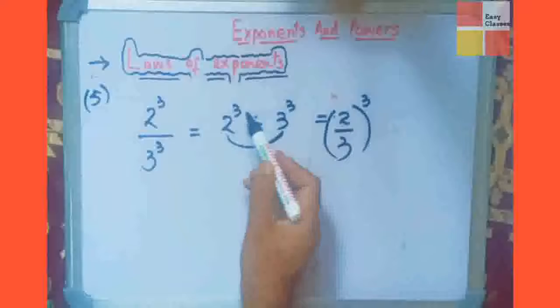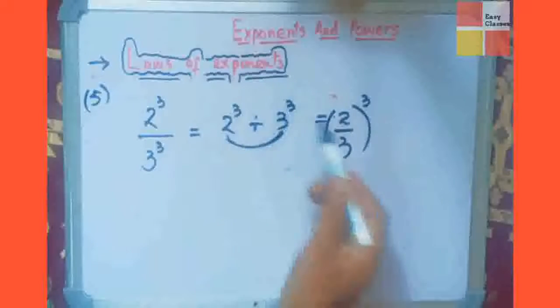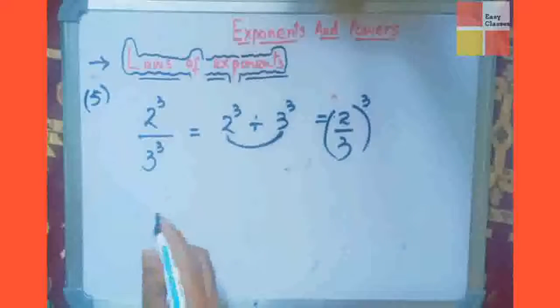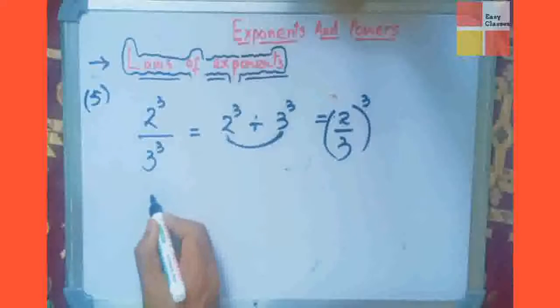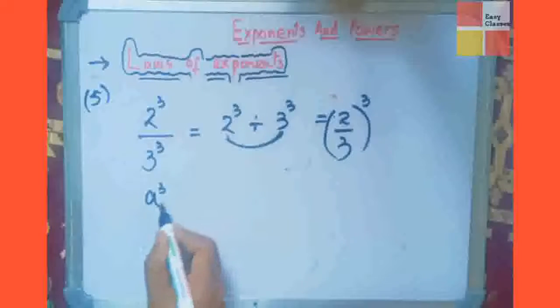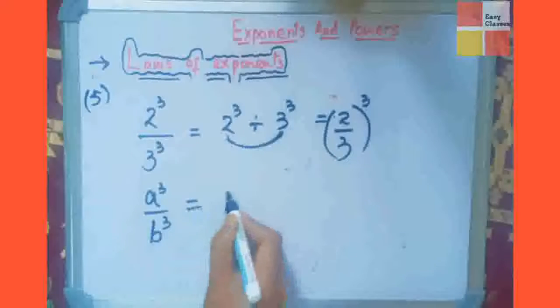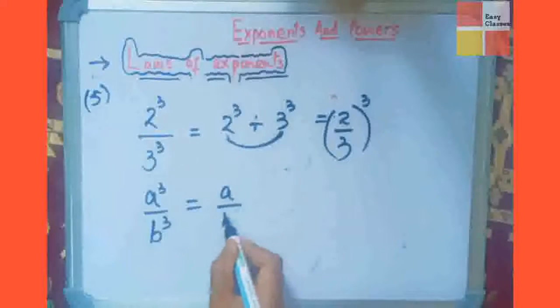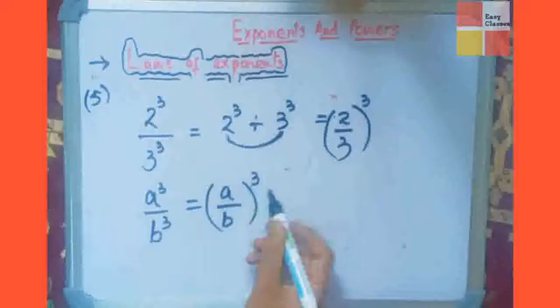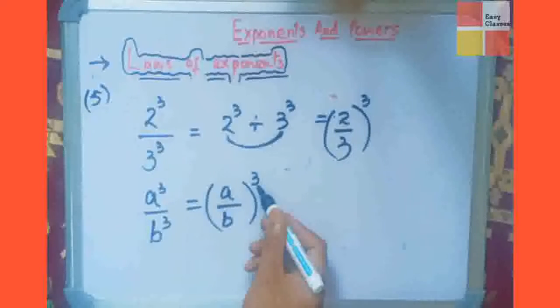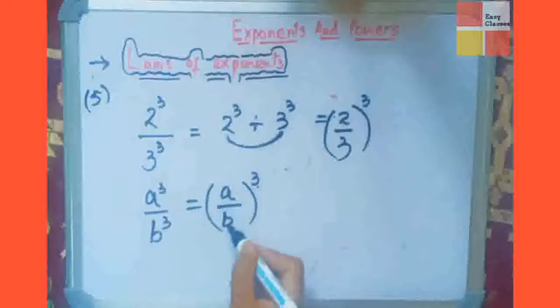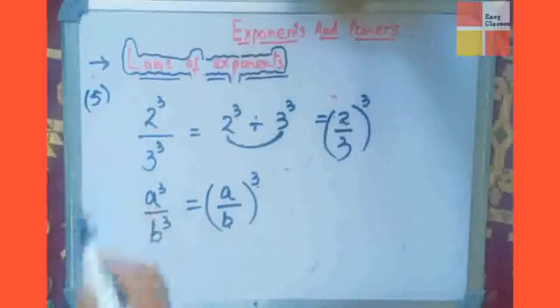In general we can put it like this: a raised to power 3 divided by b raised to power 3 is a divided by b whole raised to power 3. So that means this 3 is the exponent of both a and b. Okay, this is the fifth law.